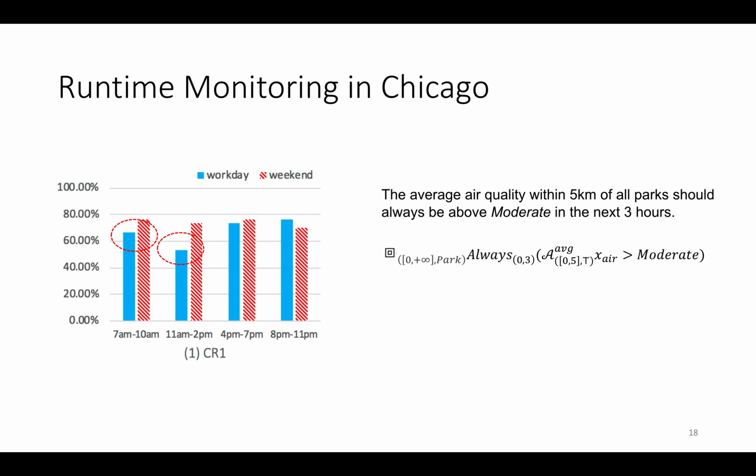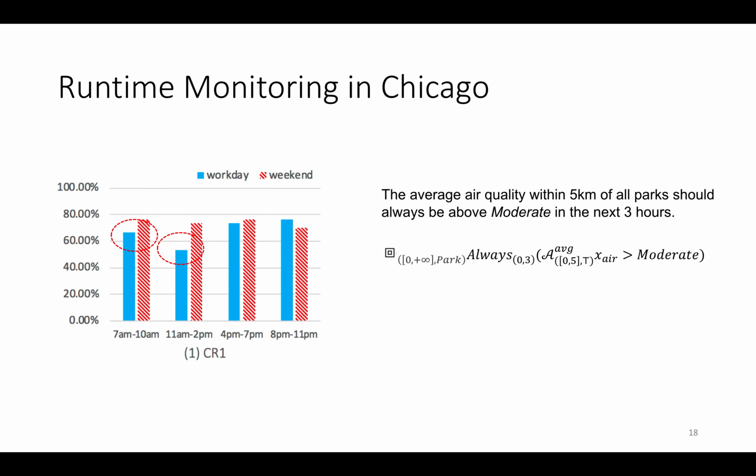And we check these requirements at different time durations during the day and calculate the percentage of satisfaction. From the results, we can see that the satisfaction rate is very low during 11 a.m. to 2 p.m. on workdays, and so is 7 a.m. to 10 a.m. on workdays too.